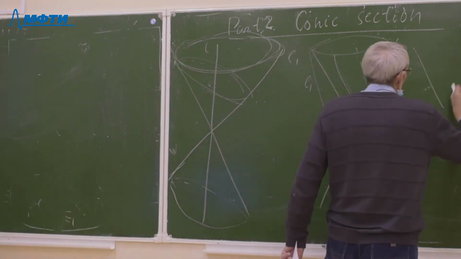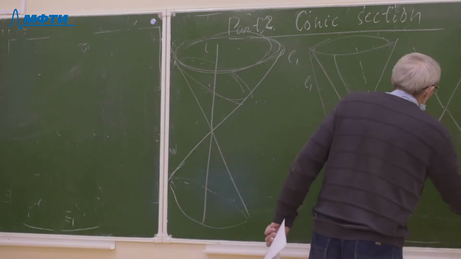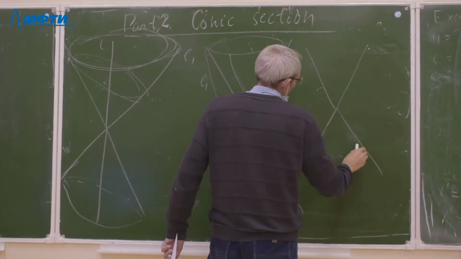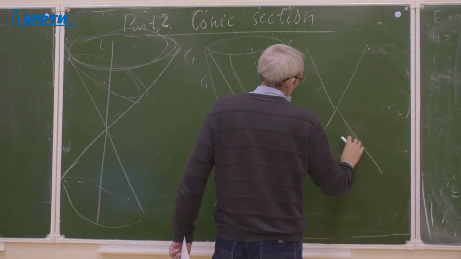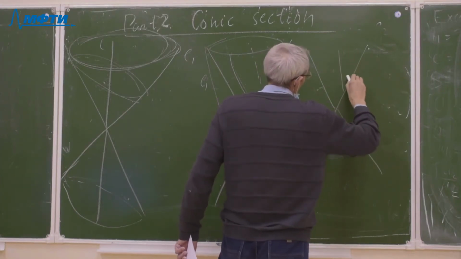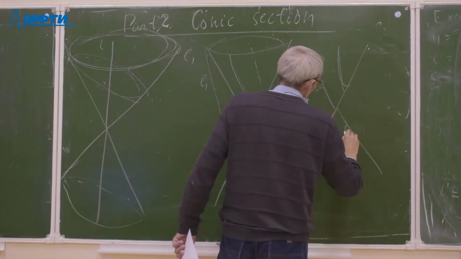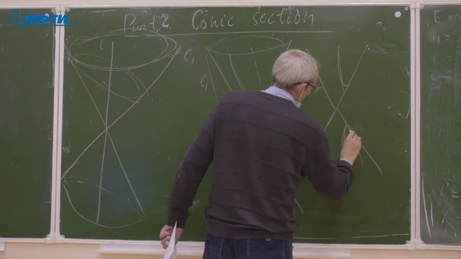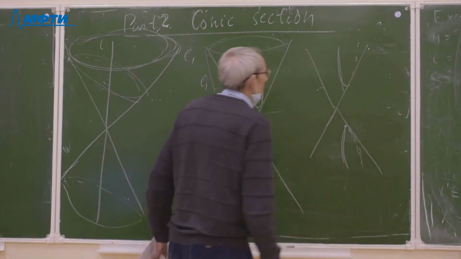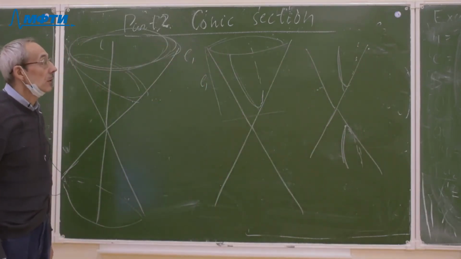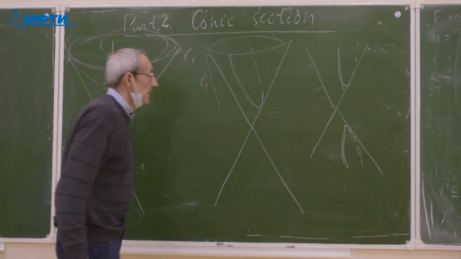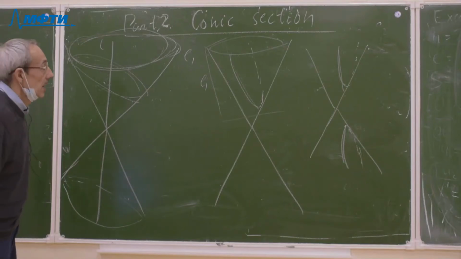And in the case when the plane intersects the other part of the cone, we obtain a curve which contains two parts, and this curve is called a hyperbola.